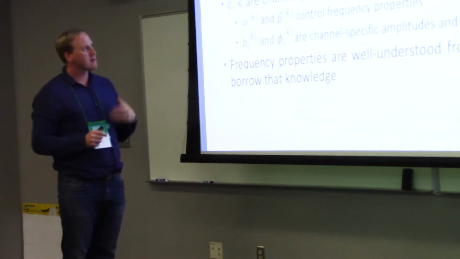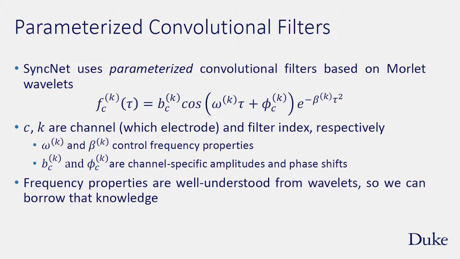If we do this, there's a couple of things. One, I would argue that we can interpret exactly what this filter bank is doing. It's mostly looking at a particular frequency band and then at the different power over all your different brain regions. It still allows more flexibility than a traditional approach.